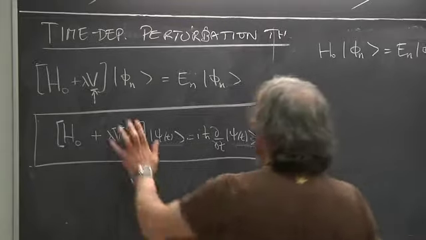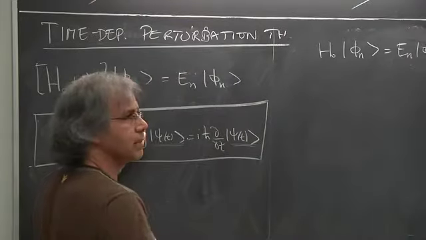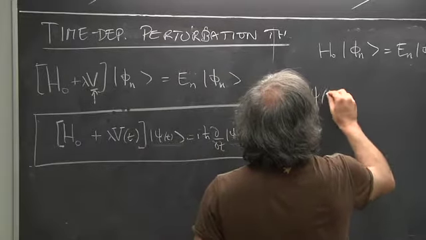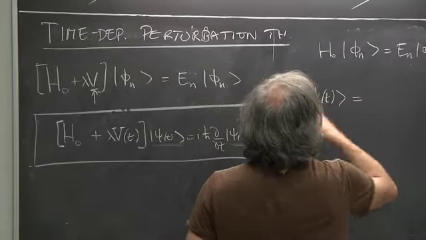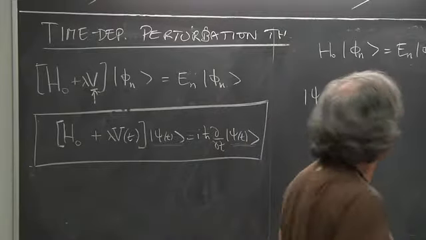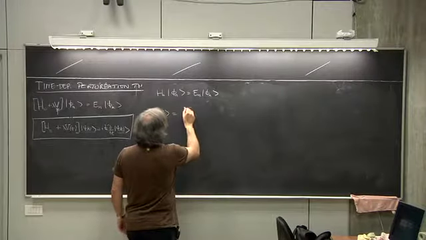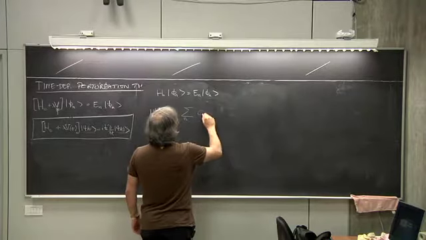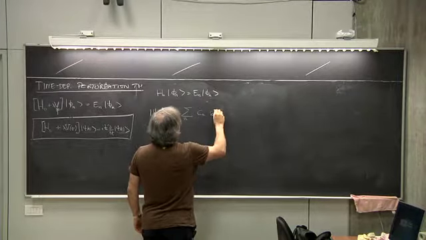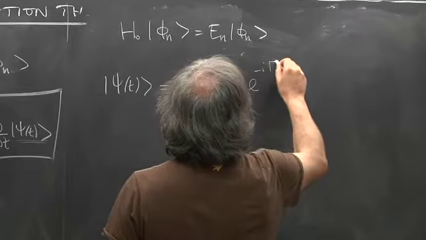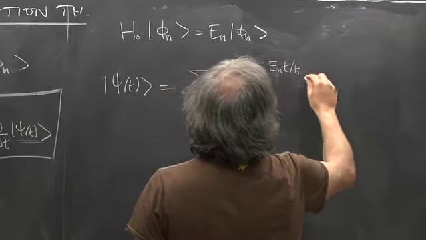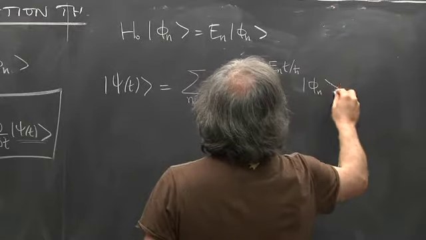So, for instance, if the perturbation was not there, how would I write the state of the time-dependent problem? I would write it like this: sum over n, some coefficient Cn, then I would have e to the minus En times t over h bar, then I would have Phi n, right?